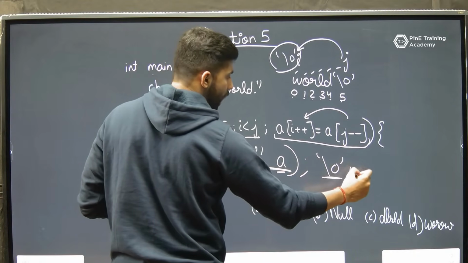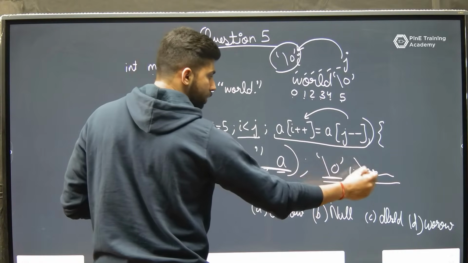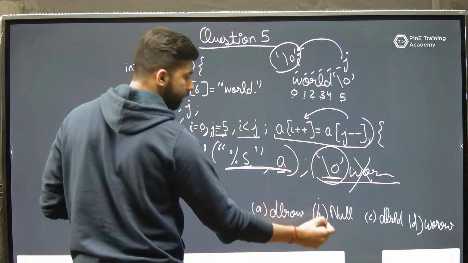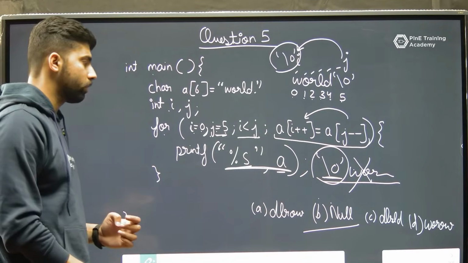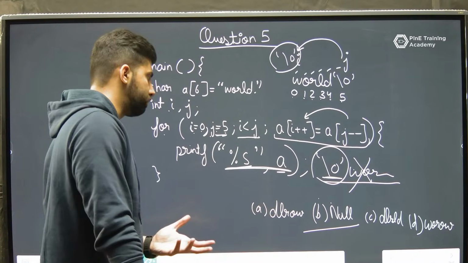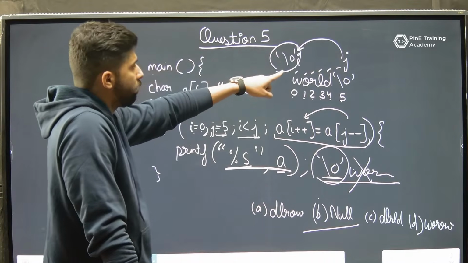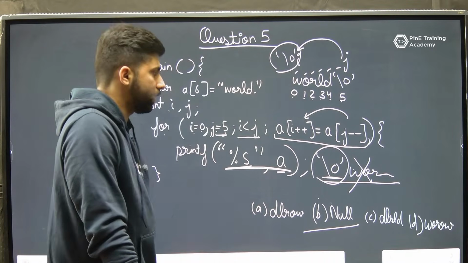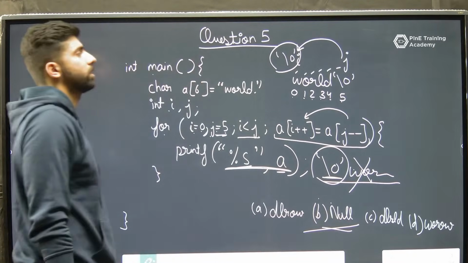So even if I have something after that, it will not be read, and I will get the answer null, because the first character I'm trying to put ahead is the null character.